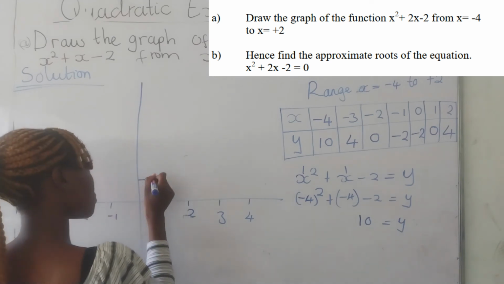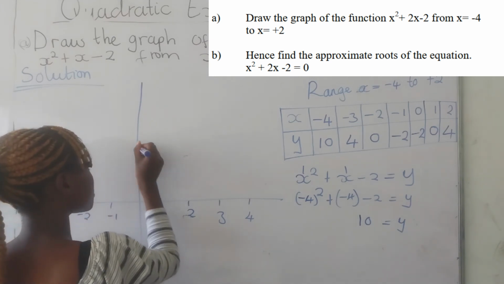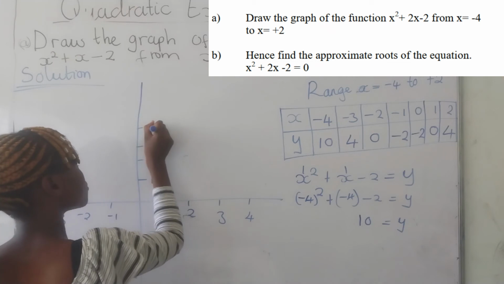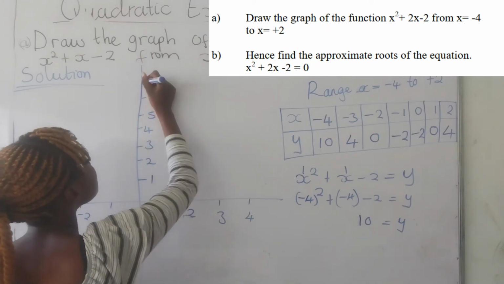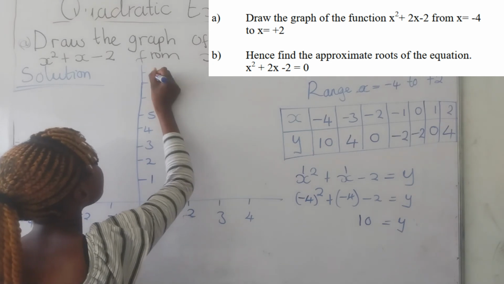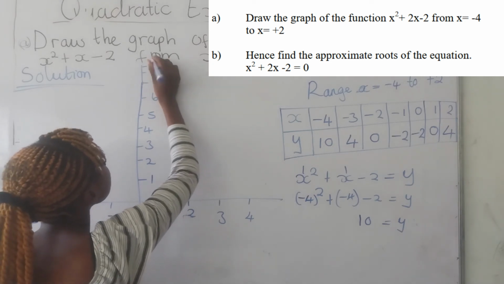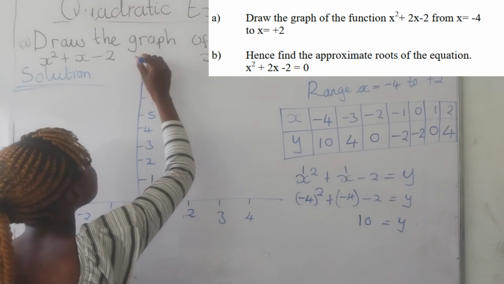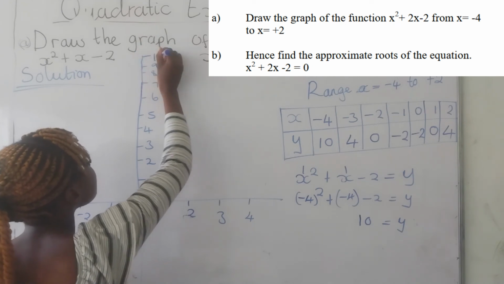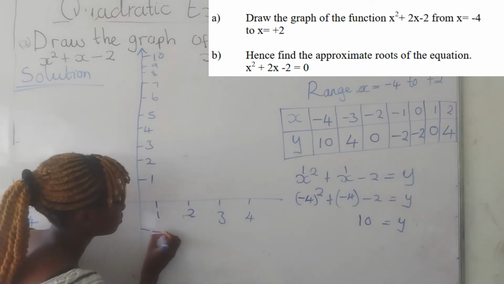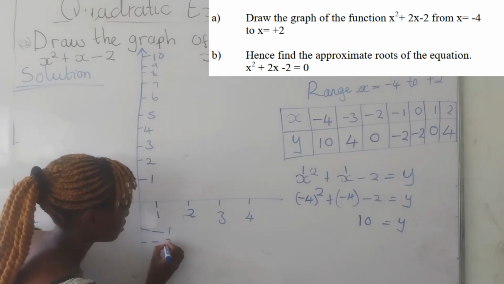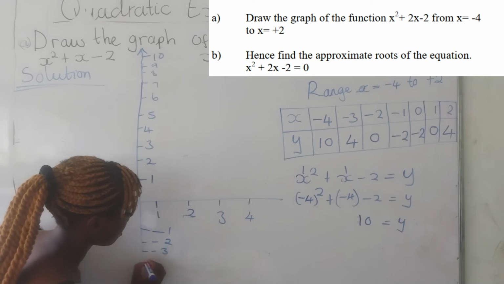So I can say 1, 2, 3, 4, 5, 6, 7, 8, 9, 10. Okay, from the lower bottom, minus 1, minus 2, minus 3.